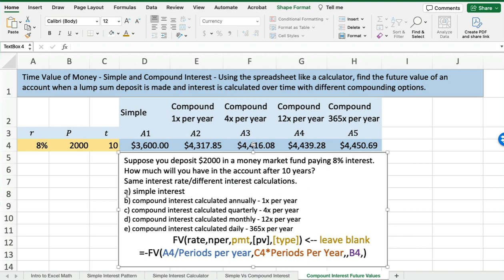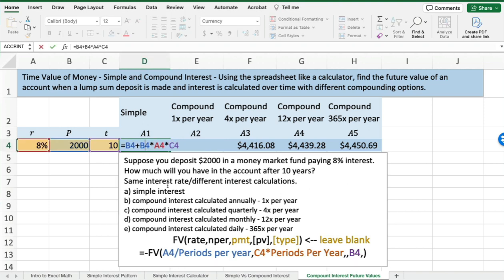So part A is suppose simple interest, part B suppose compound interest that is calculated annually, which would mean that you have one period per year. Quarterly means 4 periods per year. Monthly means 12 periods per year, and daily means 365 periods per year.